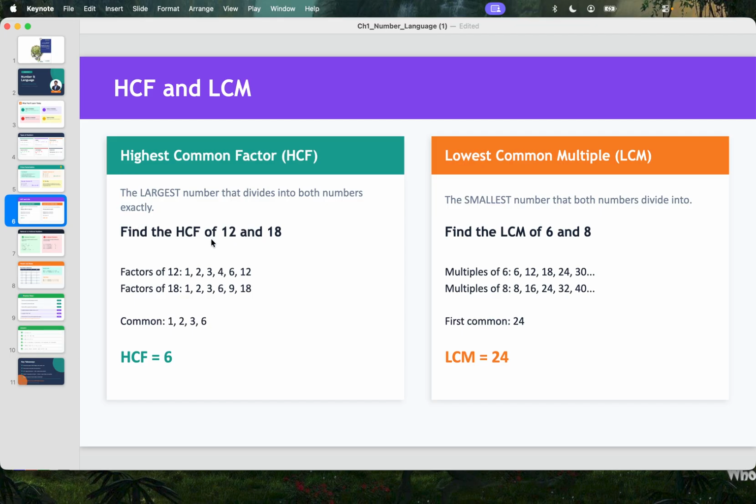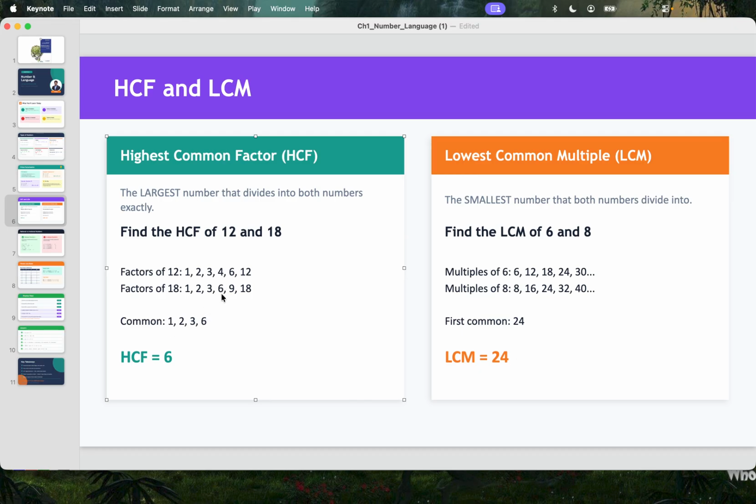So if we take say example 12 and 18, okay, 12 and 18. So factors of 12 are 1 comma 2 comma 3 comma 4 comma 6 comma 12. And what are the factors of 18? They are 1, 2, 3, 6, 9 and 18. So what are the common factors in both of them? I can see that 1 and 1 is common, 2 and 2 is common, 3 and 3 is common, and 6 and 6 is common.